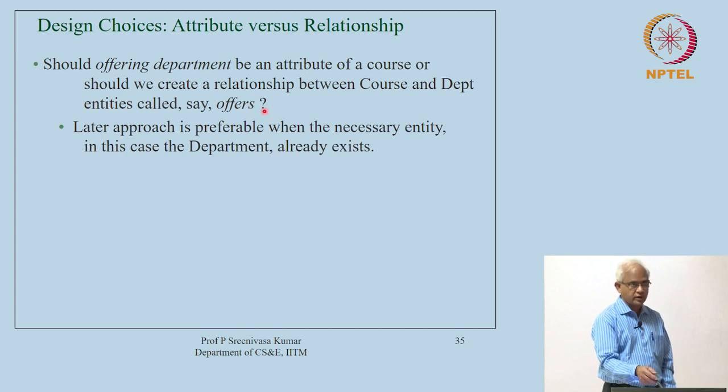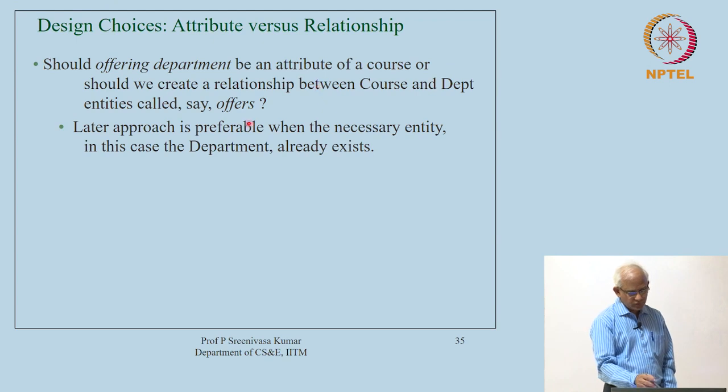This is what we have done in the previous figure, but why should it be like that? Why can't we simply create an attribute for the course and call it offering department, and it will have a value, right? Then it indicates the offering department. So we will be done with that. Why should we go for a relationship?